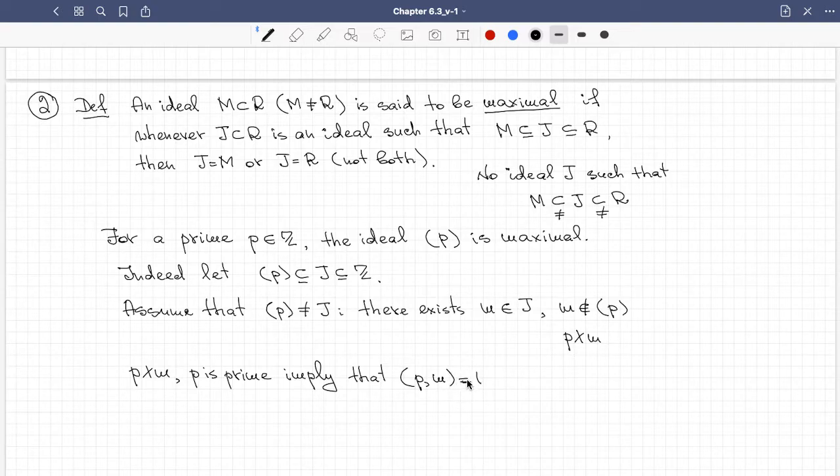Indeed, P does not divide m, so the only possible common divisors should be divisors of P. P is prime, so it is divisible by itself, plus or minus P, and plus or minus 1.